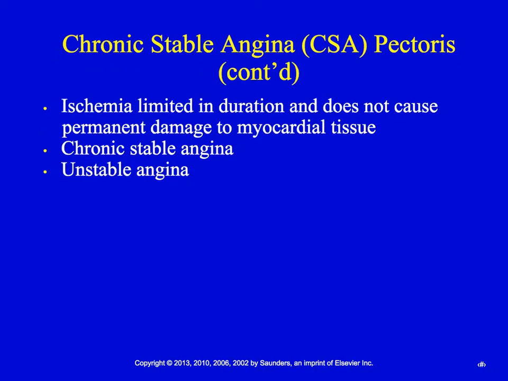Chronic stable angina will not result in permanent damage to the myocardial muscle, and it's typically relieved with medications like nitroglycerin. Imdur could be another medication because those are nitrates that dilate the coronary vessels and allow the blood to flow better to that area.